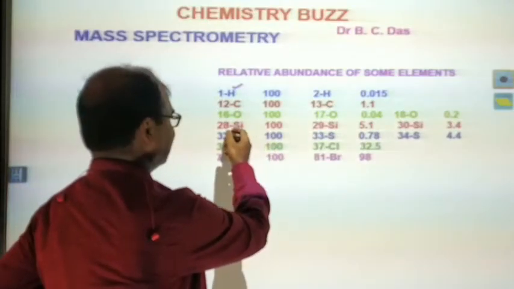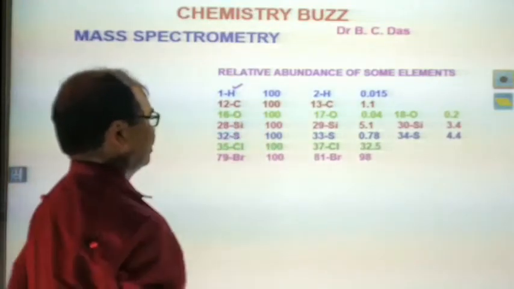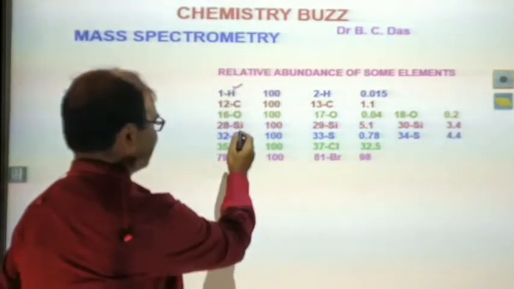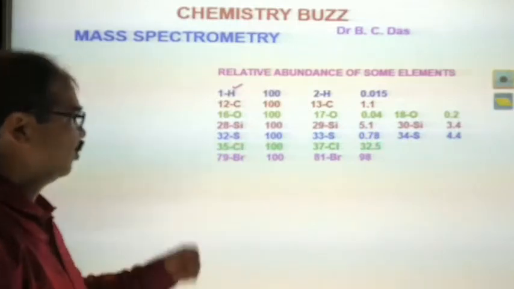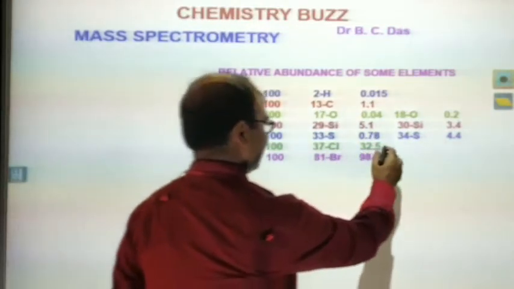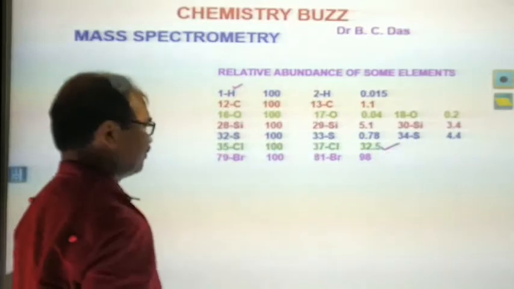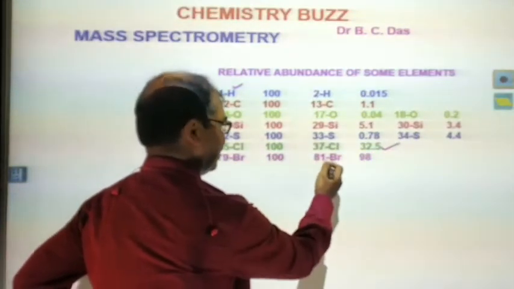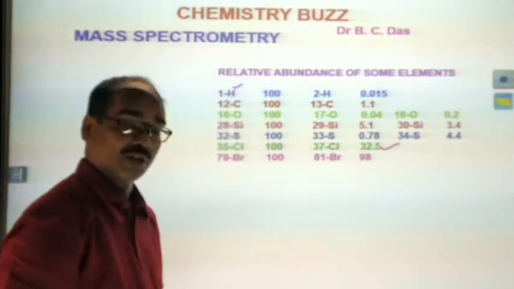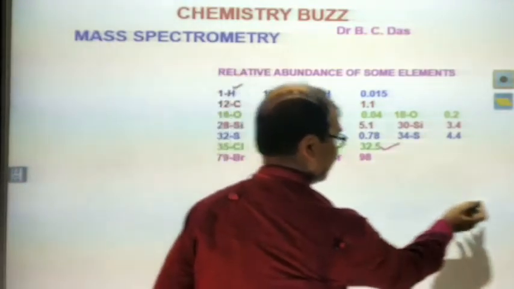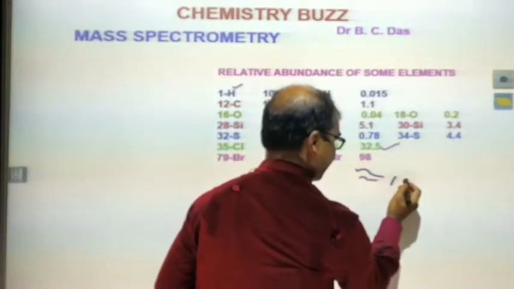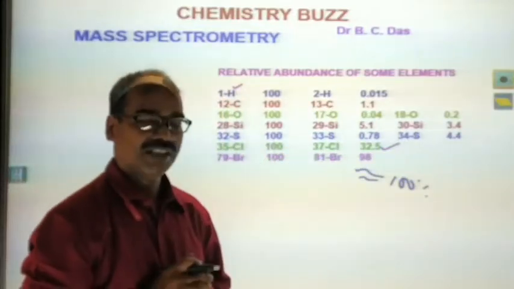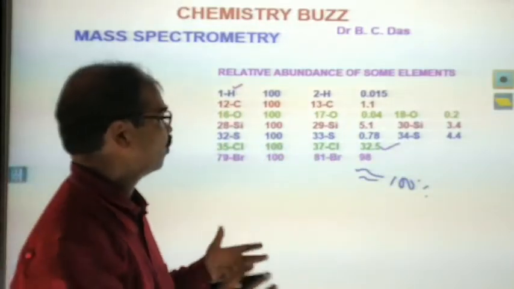We have also given the relative abundance of some other elements: oxygen, silicon, sulfur, chlorine, and bromine. Chlorine we have already discussed. For bromine, 79Br is 100% and 81Br is 98%, so that may be taken as about 100%. So bromine 79 and bromine 81 occur in a 1:1 ratio.